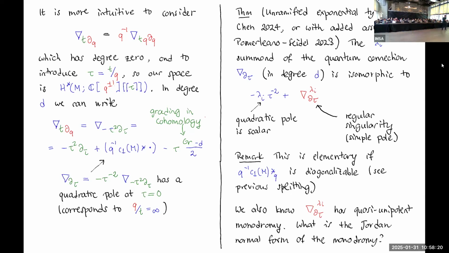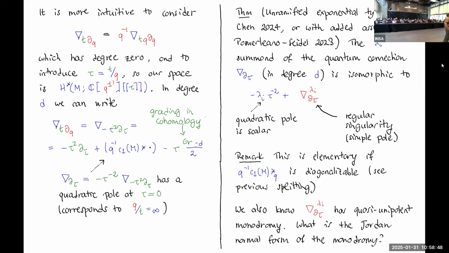If you divide by tau squared, you will see that this connection has a quadratic pole. Now in a more normal way, we can say the connection has a quadratic pole, but we can still split it into pieces according to eigenspaces. So we get a bunch of different connections, each of which has a quadratic pole. A recent theorem due to Zeon Chen is that this quadratic pole can be reduced to a scalar one, a multiple of the identity.